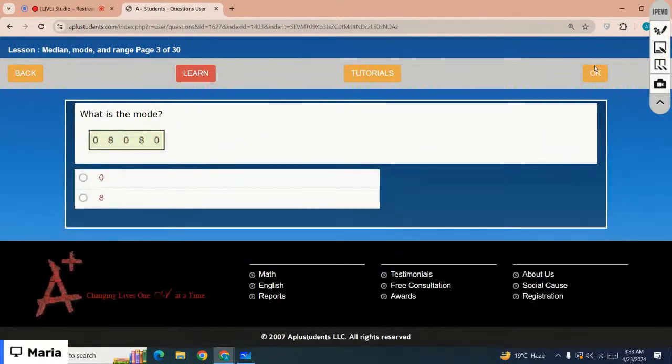What is the mode? Mode is the number that appears most of the time in the given data, right?